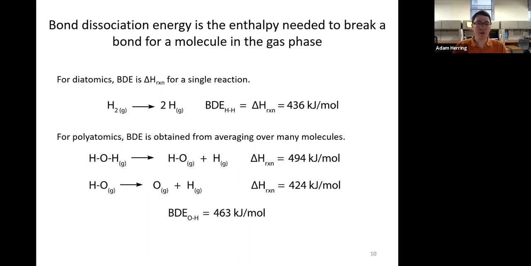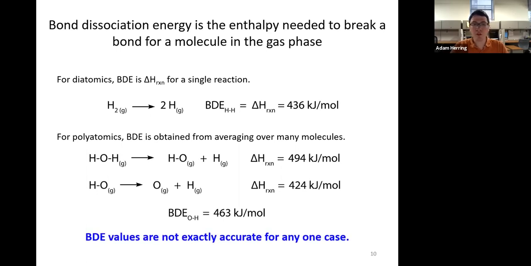In this case, we're looking at the hydrogen-oxygen bond when it's within water or hydroxide, but it could also be as part of an alcohol or as part of a carboxylic acid. So bond dissociation energy values in this case are not exactly accurate for any one particular case.